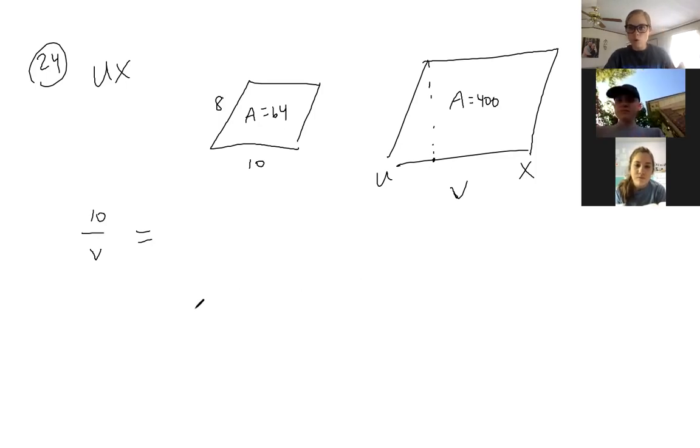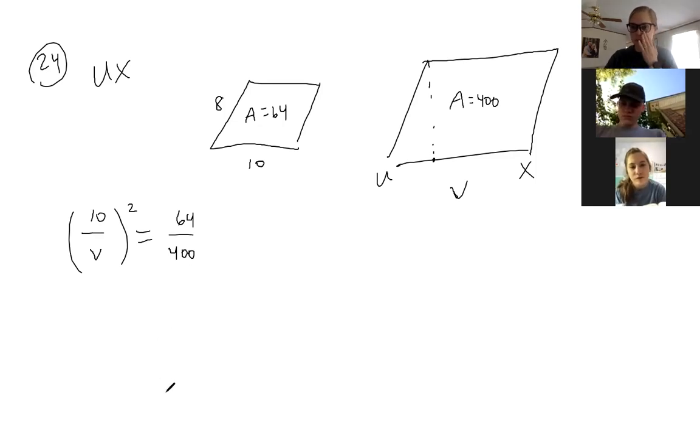But remember, corresponding sides are proportionate, or they're equal to the areas of the parallelograms as well too. So side 10 and the area of 64, side V and the area of the big parallelogram, which is 400. But it's not proportionate in and of itself, it's proportionate to its square.